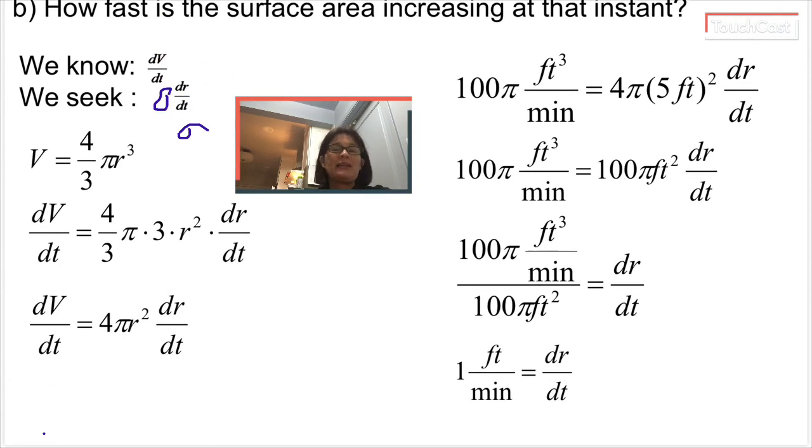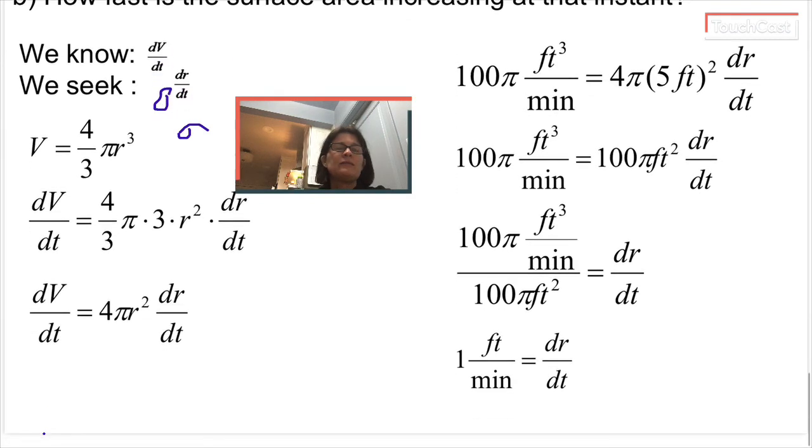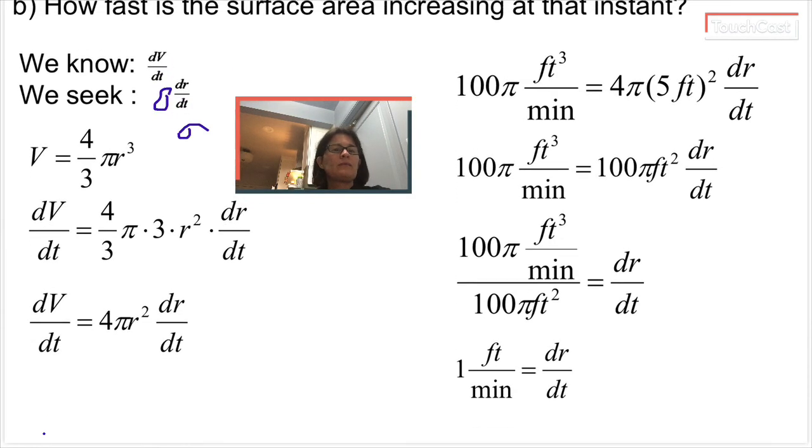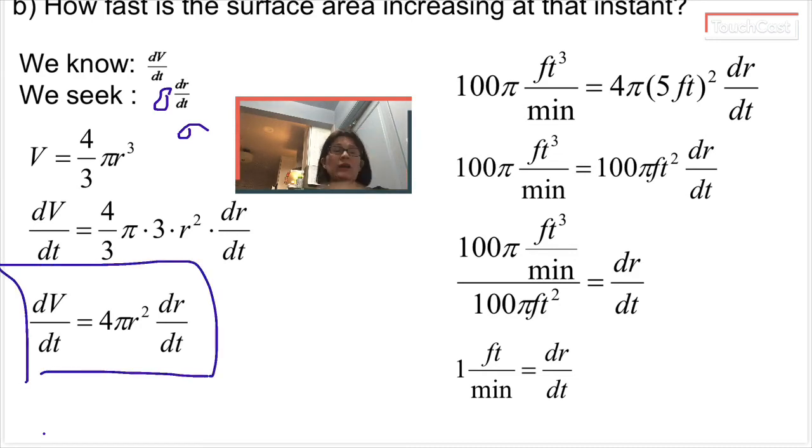So I'm going to replace dV/dt. Here's the equation that I start with. I'm going to replace dV/dt with the 100 pi cubic feet per minute that was given at the beginning, and I'm going to replace r with 5 feet because I care about the moment when the radius is 5 feet. I've left all my units on these quantities.